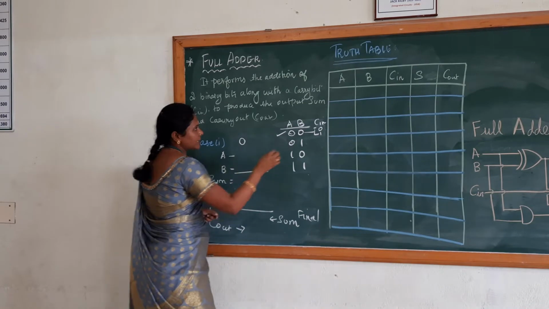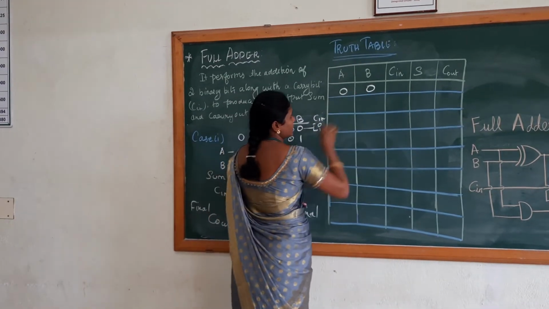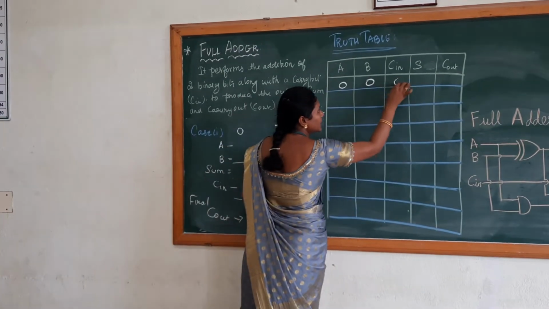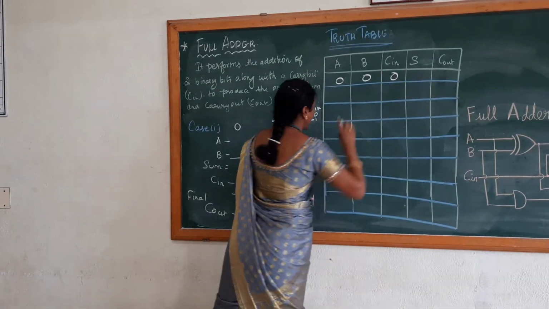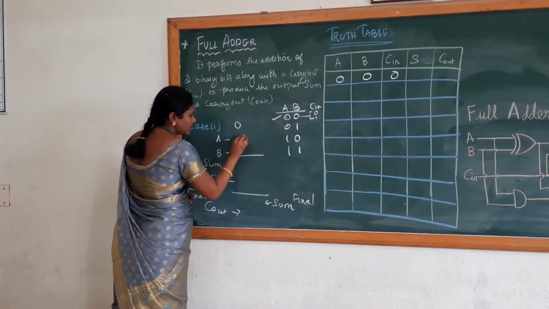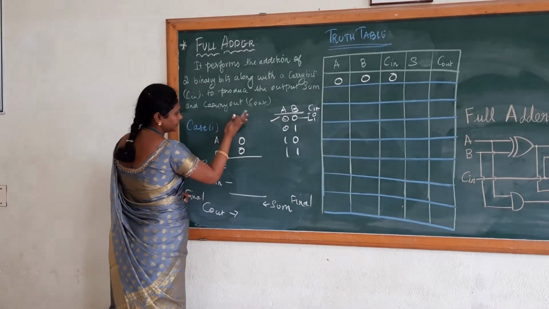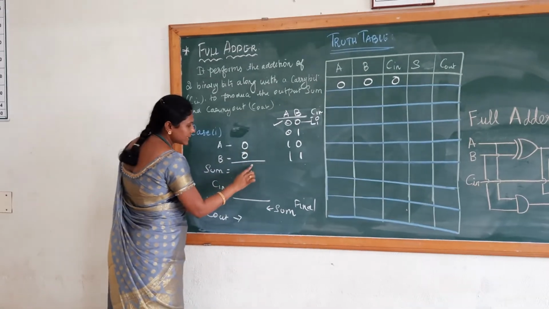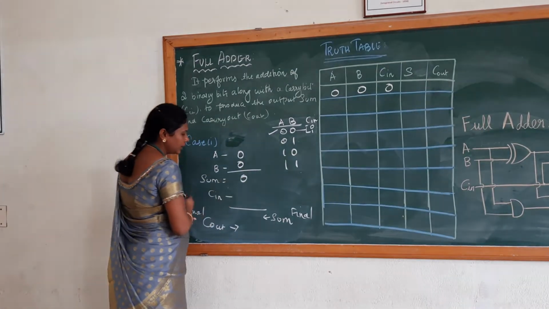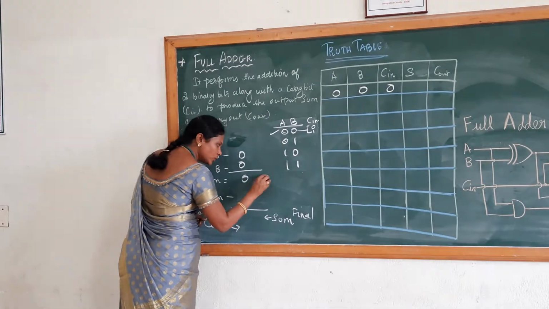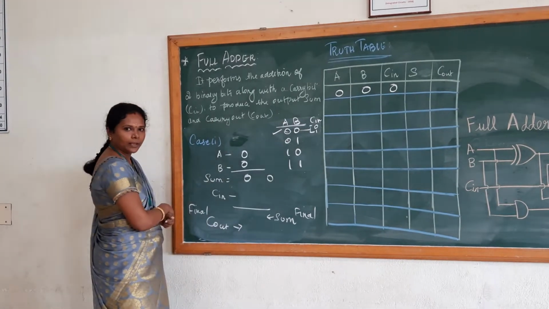So if the two bits are 0 0 and my previous carry is 0, what is my sum and what is my carry? For inputs 0 0, as you all know, 0 plus 0, my sum is 0, and the carry generated would also be 0.